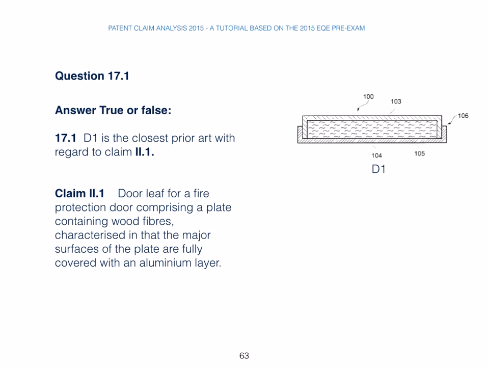We have to determine whether D1 is the closest prior art with regard to claim 2.1, and this requires a consideration of whether D2 and D3 are less close. Consider the closeness of the three pieces of prior art and come to your decision, true or false, and then we go to 17.2.